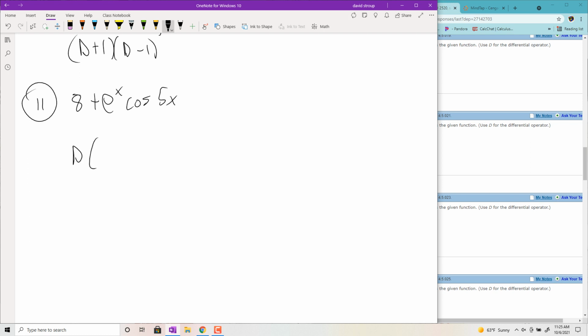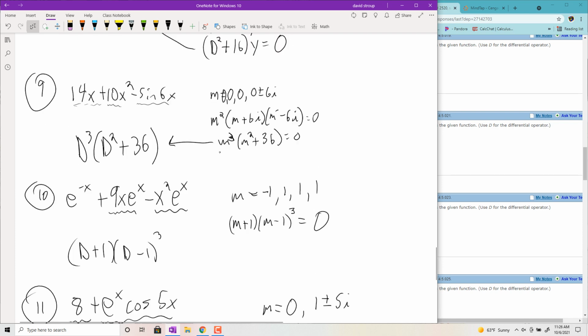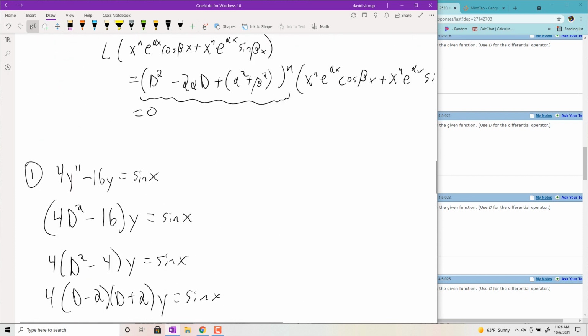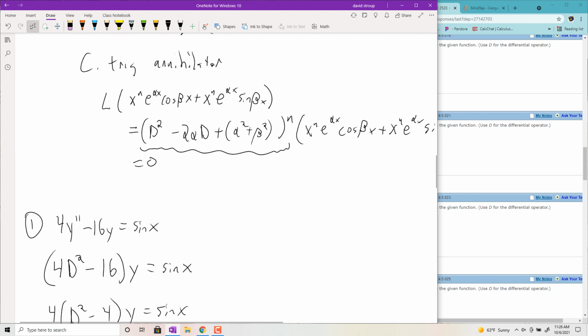And then for the second part, if you think about it in terms of the solutions, the number 8 is just a constant, so that would have been from a root 0. The second part is from the root 1 plus or minus 5i. To get the annihilator from that, you can literally just sit there and memorize that formula. See, alpha is 1 and beta is 5.